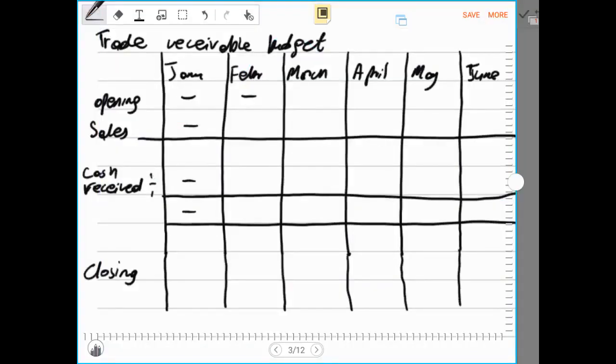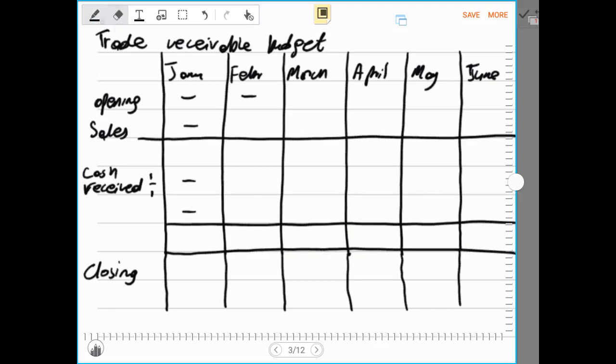So now we are recording our cash received from customers in two ways, where we record current month and the period. We have to record current month, that means money received for the sales and for the payments of the current month.